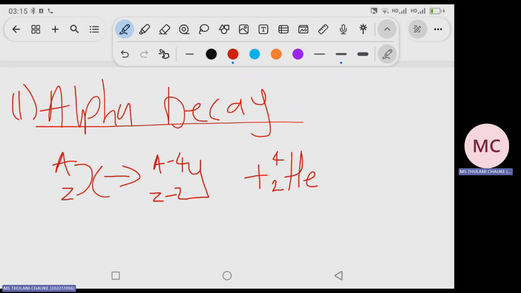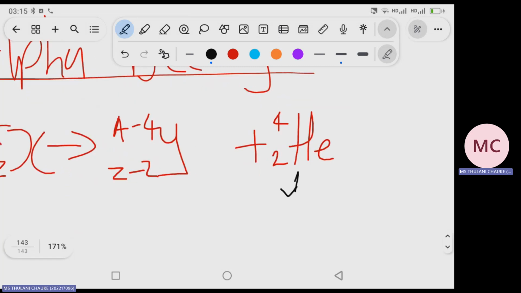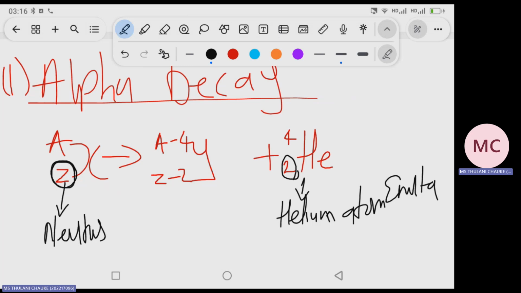Because this will always be the case. Reason being, if a helium atom is emitted, that means we already took 2 protons, and the number of neutrons, remember that this one represents the number of neutrons, will decrease by 2 every time any particle undergoes alpha decay.